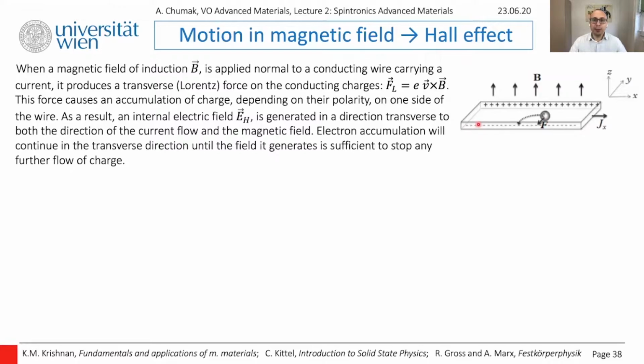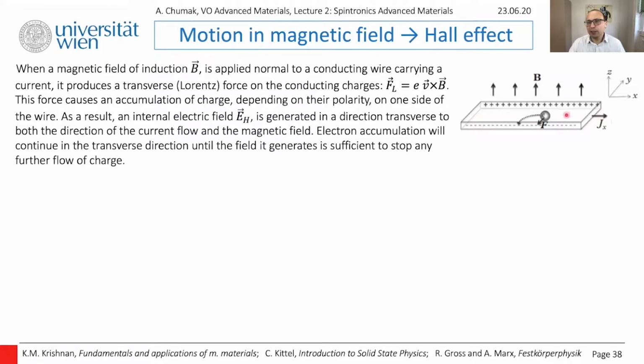It can be a non-magnetic metal, copper, silver, whatever you want, or it can also be a semiconductor. Then when you apply a difference in electrical potential, you will get current.